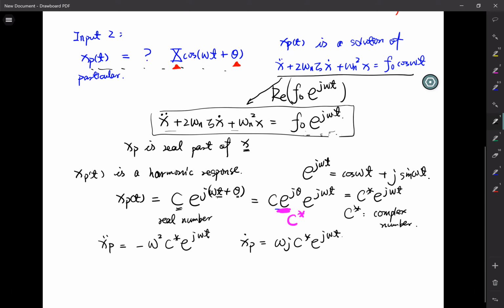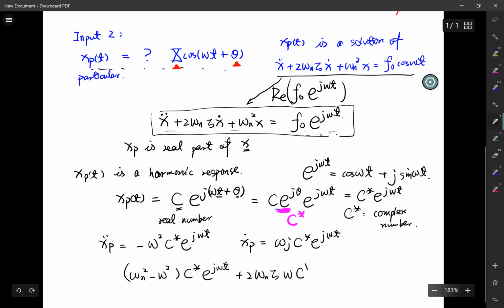You have omega_n squared minus omega squared times C star e^(j omega t), and then the imaginary part is 2 omega_n zeta omega C star j e^(j omega t). That equals F_0 e^(j omega t).